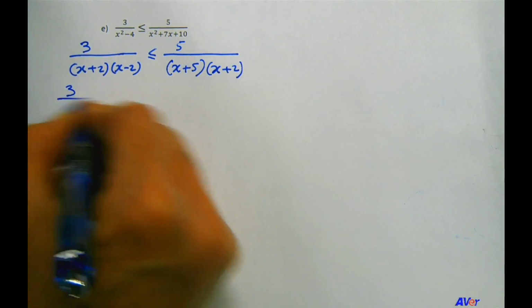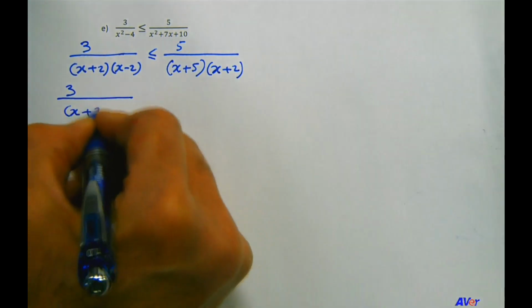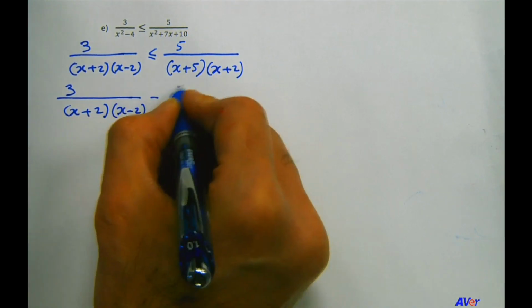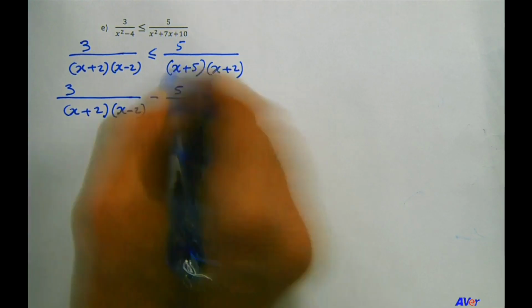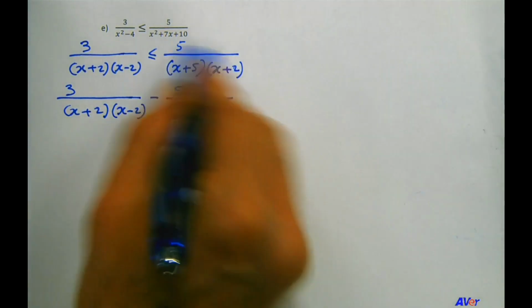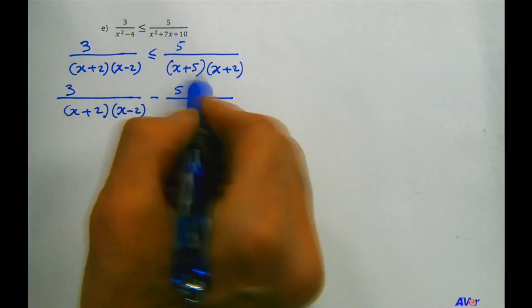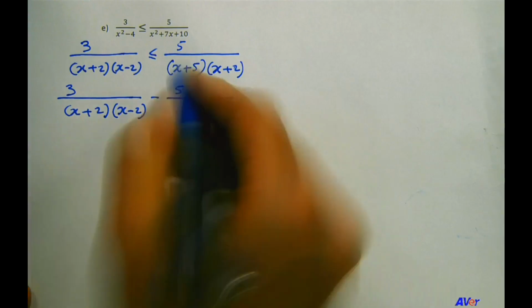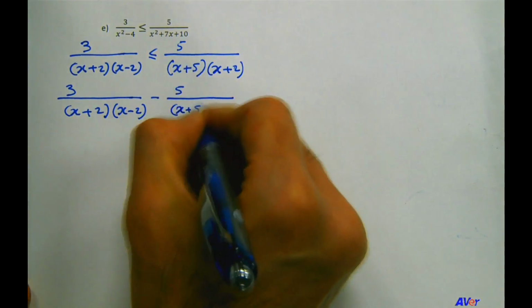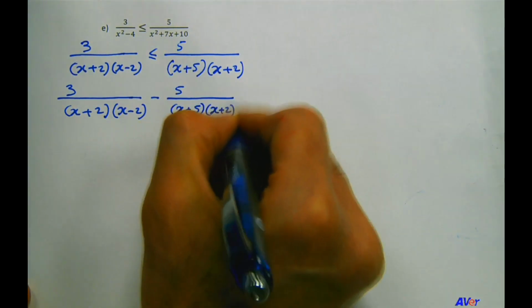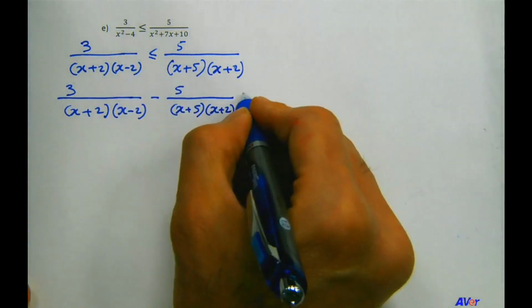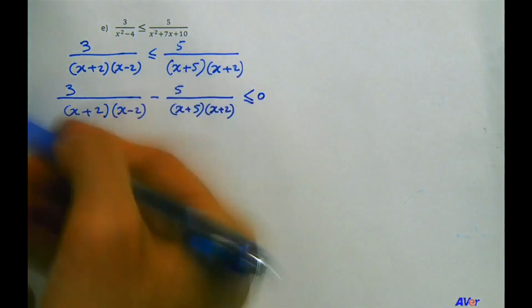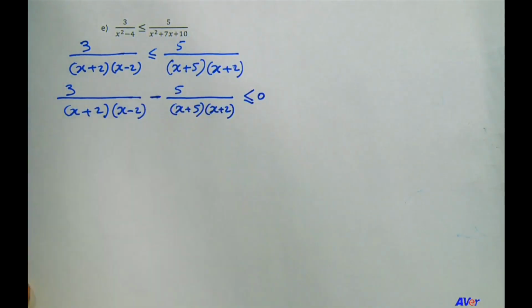We have 3 divided by (x plus 2) times (x minus 2), minus 5 over (x plus 5) times (x plus 2), because it was positive on the right. And on the right, we have less than or equal to 0 after we move it. So positive on the right, when we move it to the left, it becomes negative.